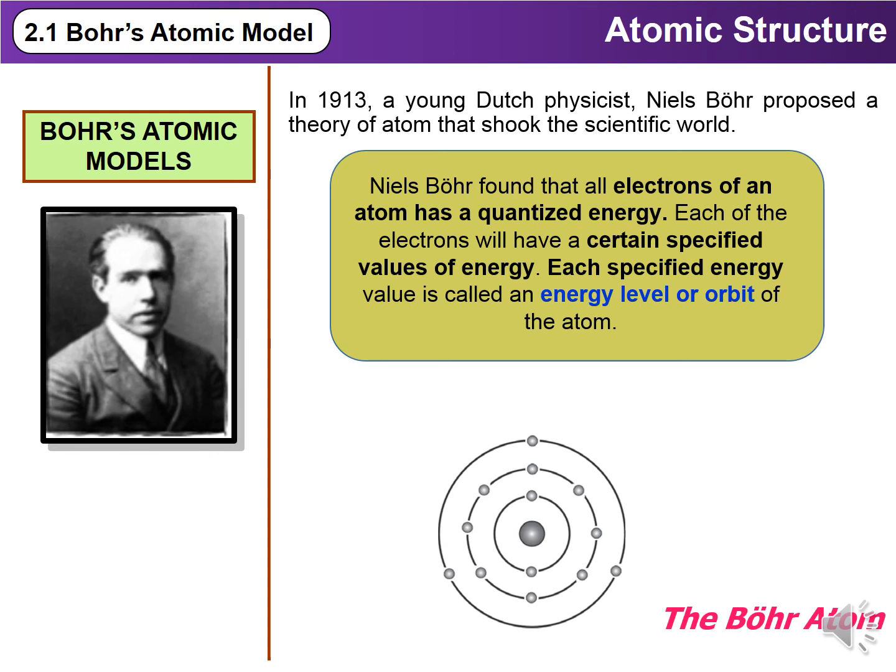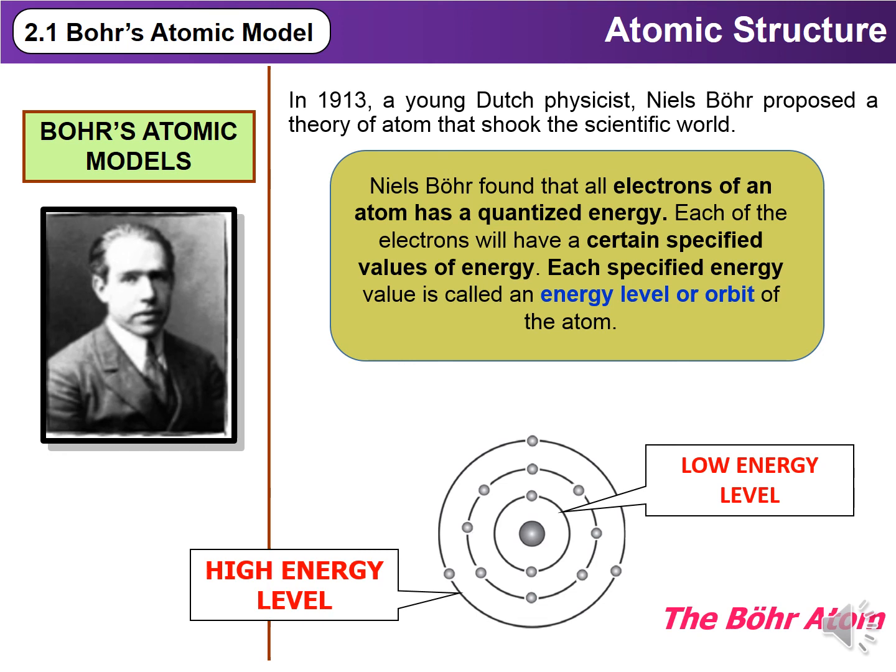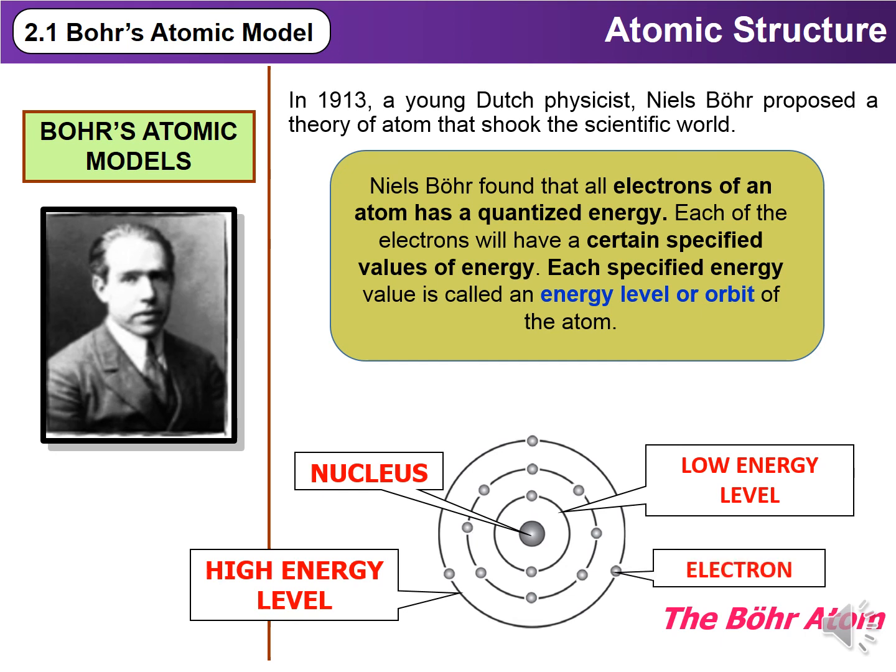In a certain orbit, you have a certain amount of energy. If they are nearer to the nucleus, the energy they have is the lowest. When they move further from the nucleus, the energy will increase. When they have high energy, the electrons find it easier to escape from the nucleus. When the electron escapes from the nucleus, it becomes a positively charged ion.